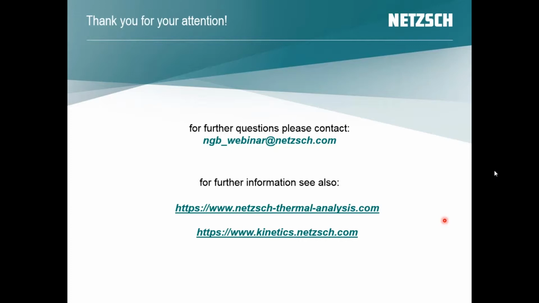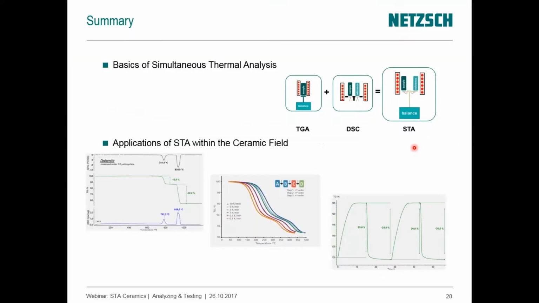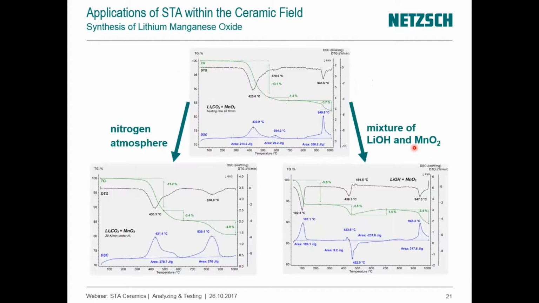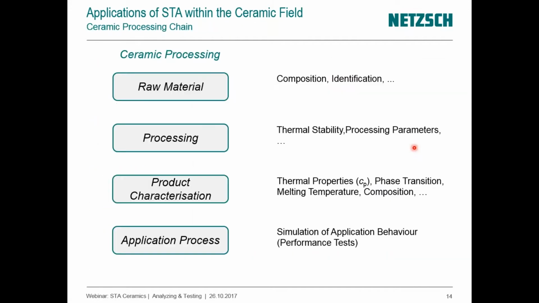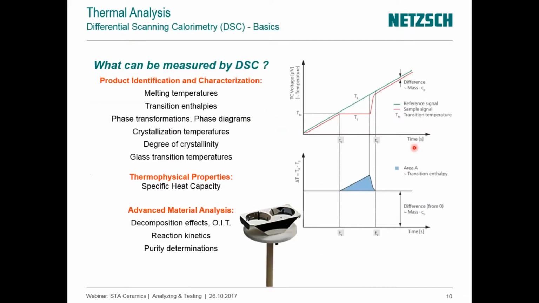So if we go back, we can do all the things which I mentioned before for the separate measurements. For instance, if we take the DSC, the STA can also do the melting points. If you remember, I have shown the example for the phase transition of beryllium oxide. In principle, melting is nothing else than a phase transition. So we can, of course, see melting points up to 2400 degrees C with special furnace setups.